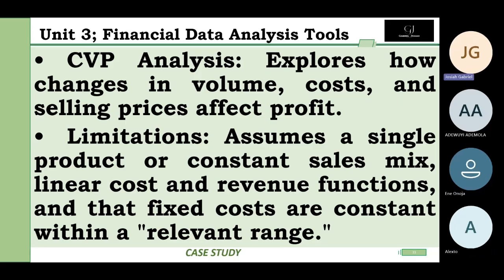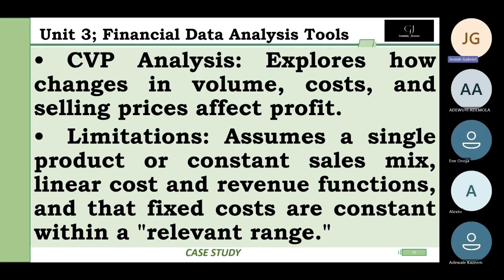All right. So we're speaking about the limitations, saying that it assumes a single product or a constant sales mix, linear cost and revenue functions, and that the fixed cost is constant within a relevant range. This assumption is stipulated for us to understand that fixed costs don't change.